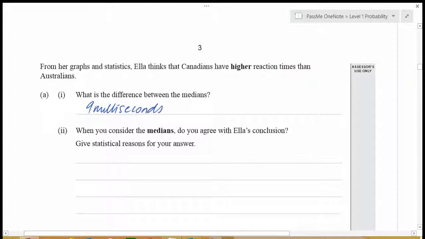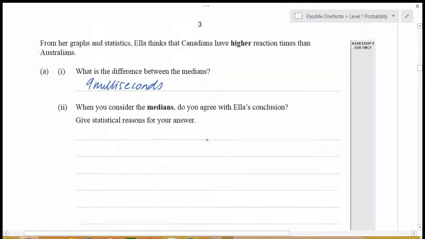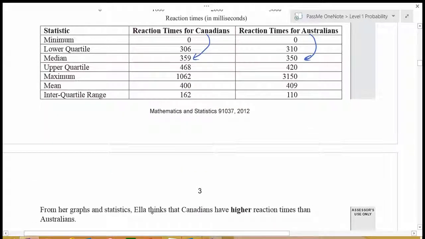Okay, the next question is asking, when we consider the medians, do you agree with Ella's conclusion? Well, if we go back and look at those medians, the Canadian median is 359, the Australian median is 350. So yes, her statement that she thinks Canadians have higher reaction times is consistent based on the medians.